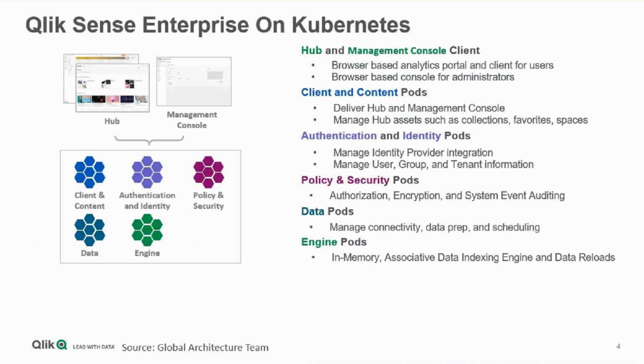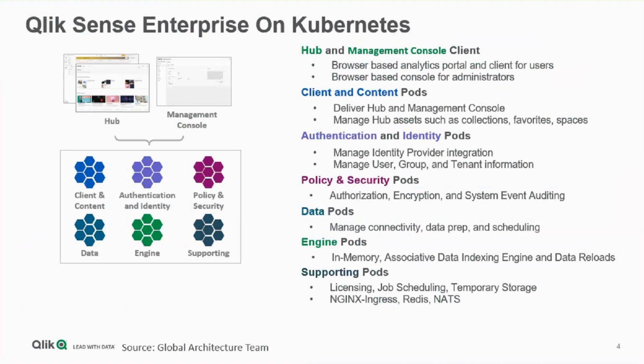That's really one of the big advantages, is this is its own individual class in Kubernetes, and you can take advantage of specifying what you want those engines to do. And then there are just other pods that are there for ancillary systems, right? So licensing to make sure that your instance is properly licensed, job scheduling, and then we have ingress and other NoSQL databases to help with that.